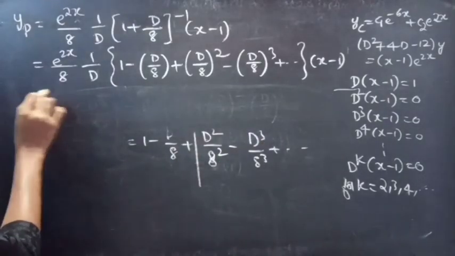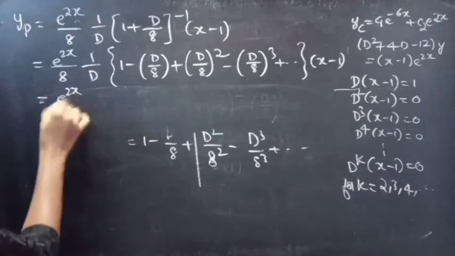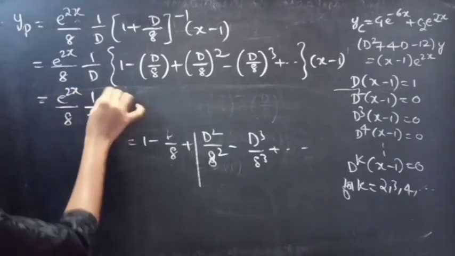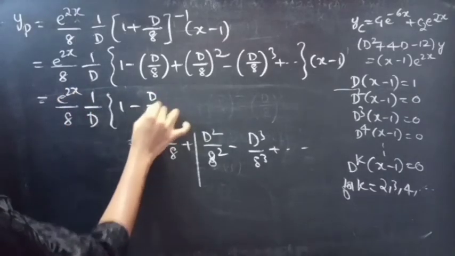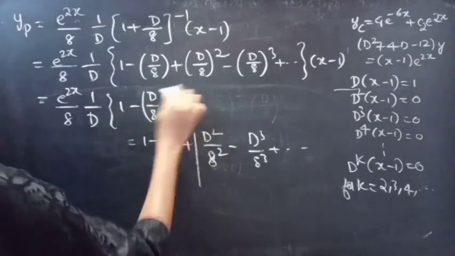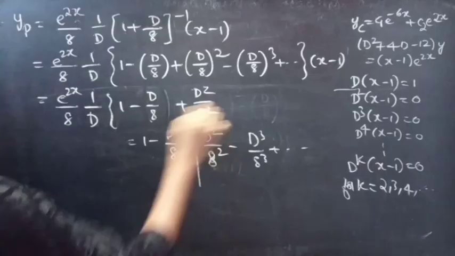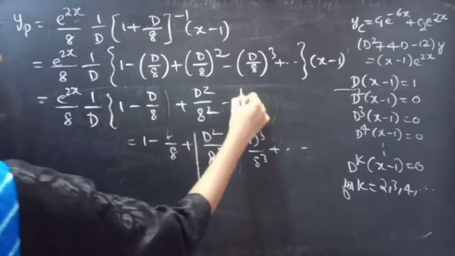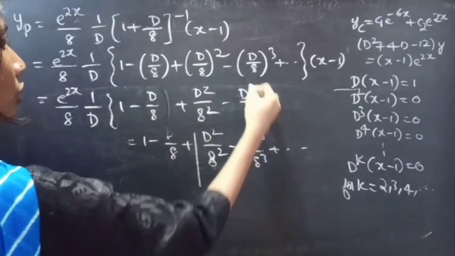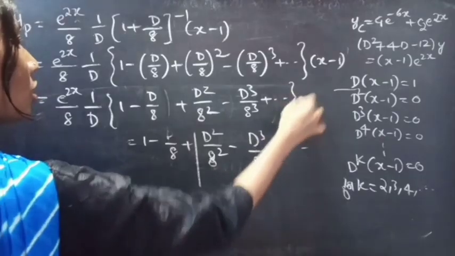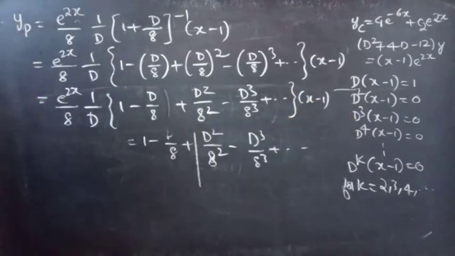Which equals e power 2x by 8 into 1 by D into (1 minus D by 8 plus D square by 8 square minus D cube by 8 cube plus so on) into x minus 1, right?